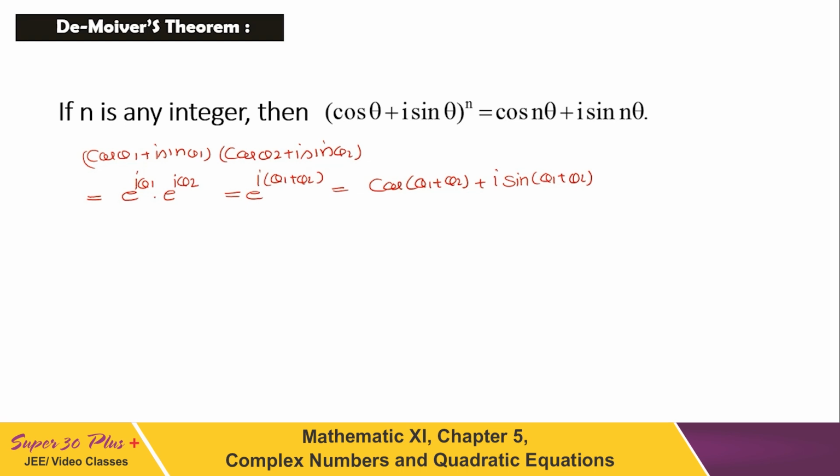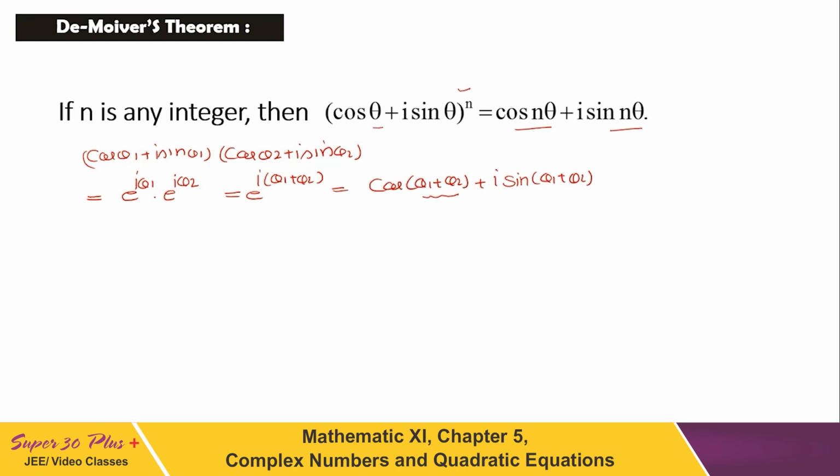Means if there are n complex numbers, their arguments will add up, and if all complex numbers have the same argument θ, then after multiplication up to n times we get a complex number equal to cos nθ + i sin nθ.